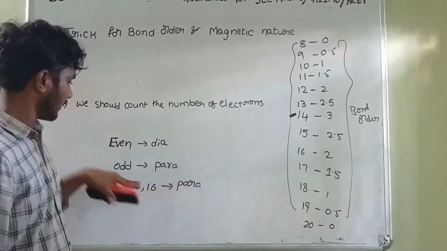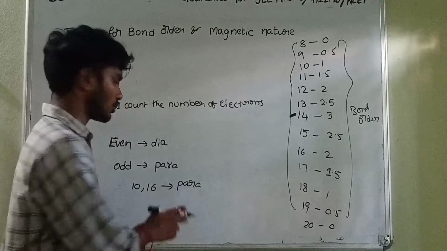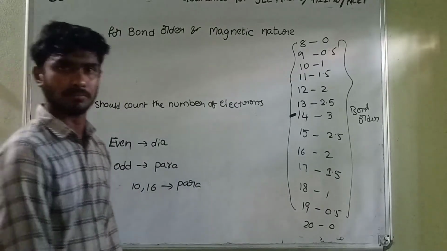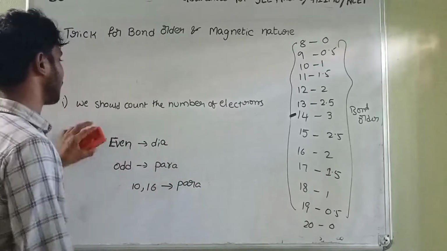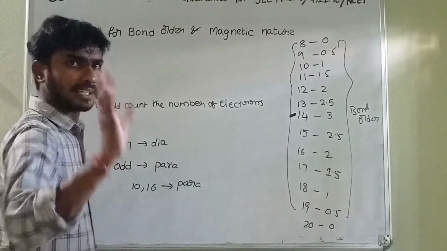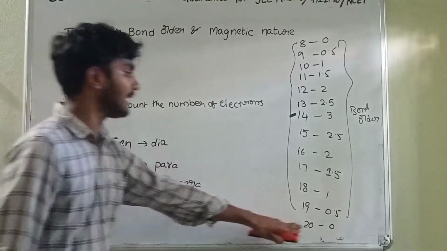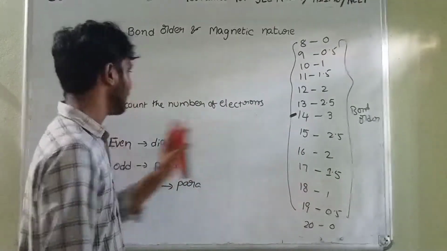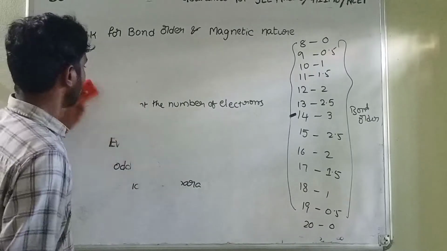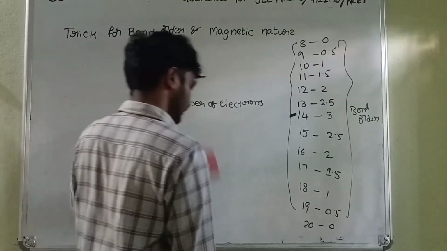Even though they are even numbers, they show paramagnetic nature. Okay, this is the trick for magnetic nature. Till the count is 20, it works like this. So we will see some examples.